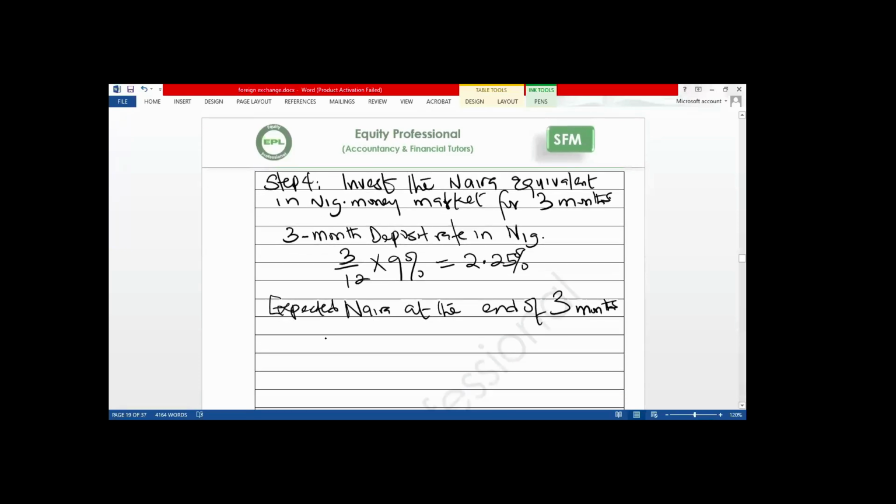Expected Naira receipt is equal to amount deposited, 3,244,941, multiplied by 1 plus the 3-month deposit rate, 0.0225. Please compute the expected Naira amount in 3 months' time. 3,317,951.